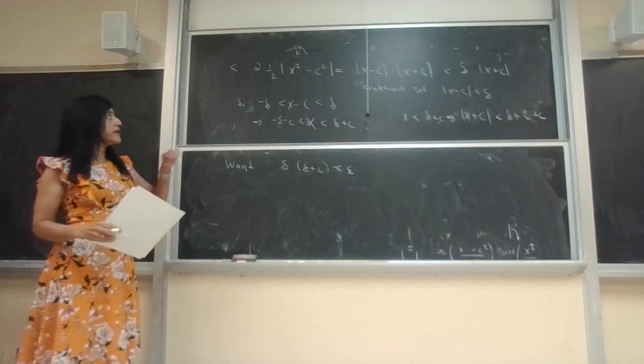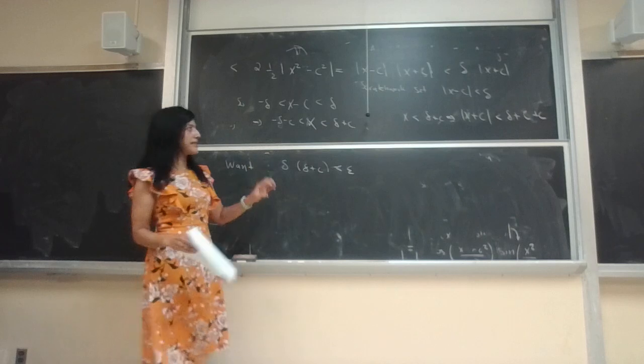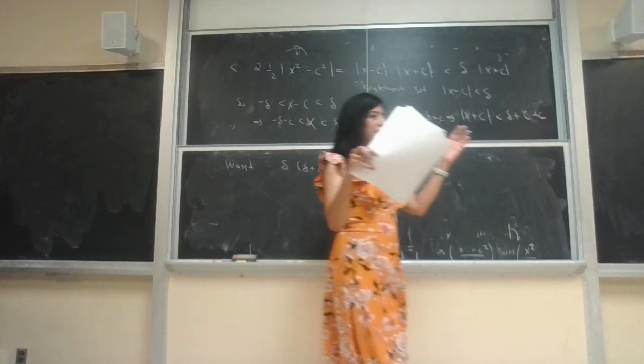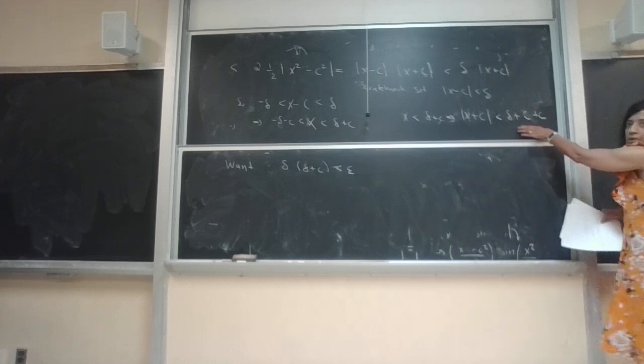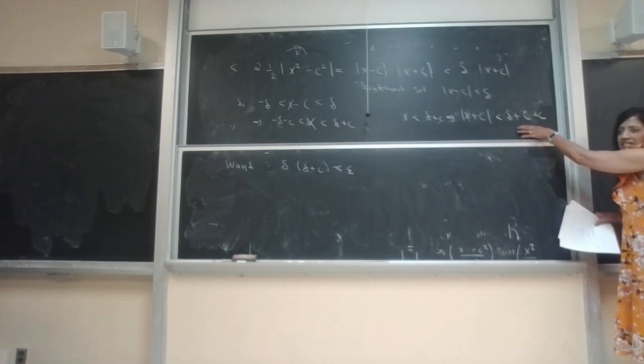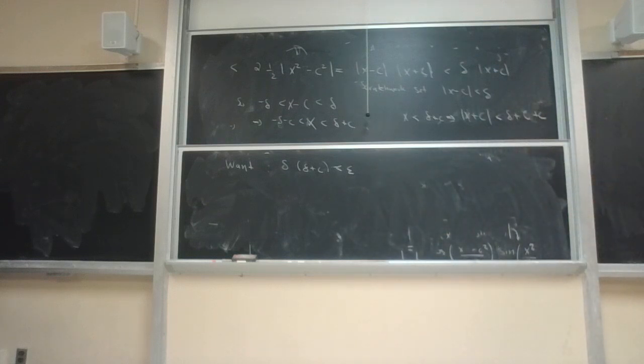So what do I want? I want my sine of x squared minus sine of c squared to be less than epsilon if my delta is the right choice. So I want to solve for delta so that this upper bound that I just got from messing around with the signs is smaller than epsilon. That allows me to solve for the delta.